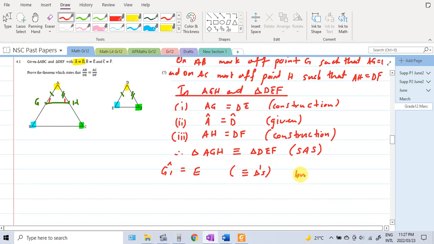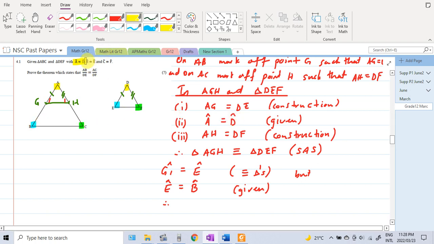But remember, angle E is now equal to angle B, because that was given.